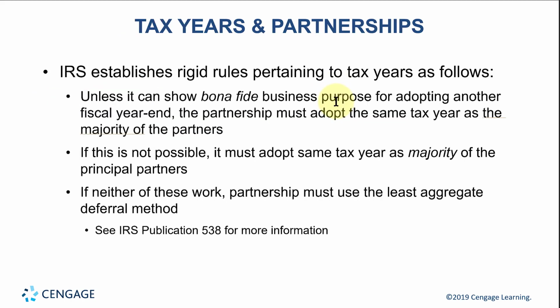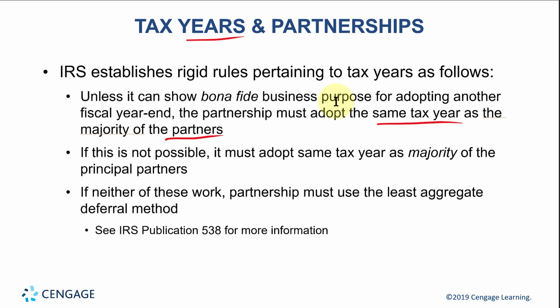Whenever you have a tax return being filed, you've got to know what the tax year is. And here it says, in the case of a partnership, it probably has to use the same tax year as the owners. So for most individuals, like you and me, we use a calendar year.